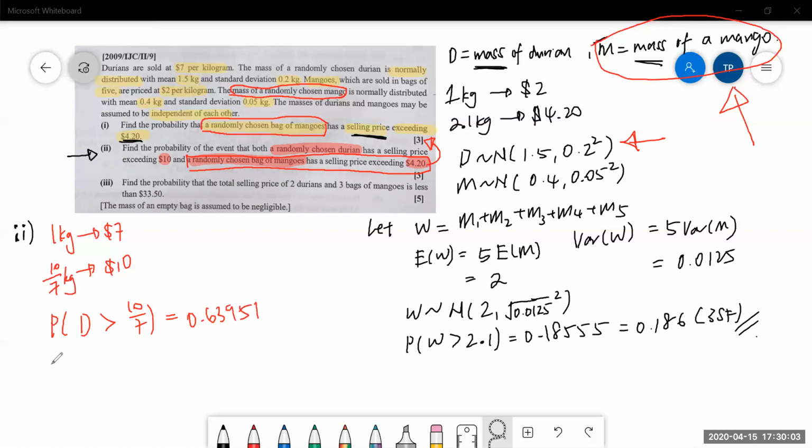Okay. So we want to find the probability of D greater than 10 over 7 multiplied by the probability of W greater than 2.1.